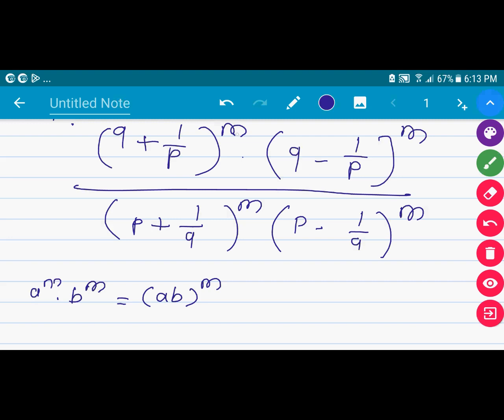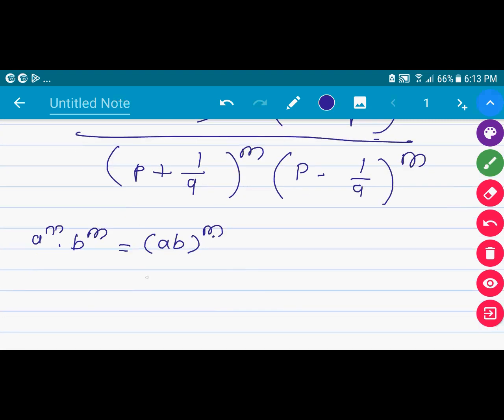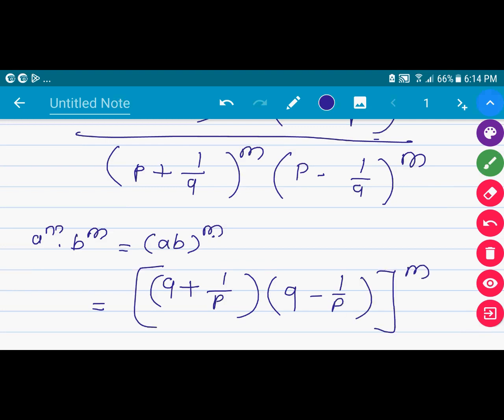Take the common exponent out of the bracket, multiply the bases, and then write it in exponential form. So we can write the upper expression as (q plus 1 upon p multiplied by q minus 1 upon p), and the bracket raised to m.